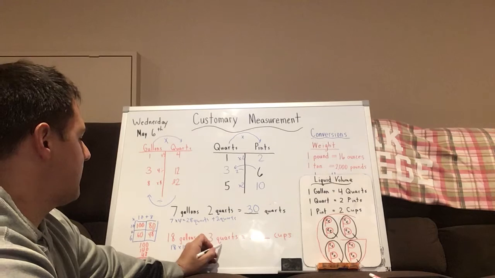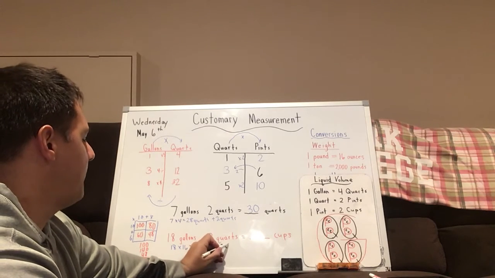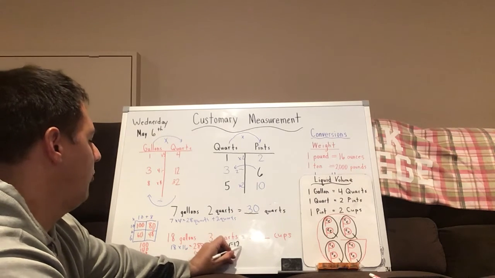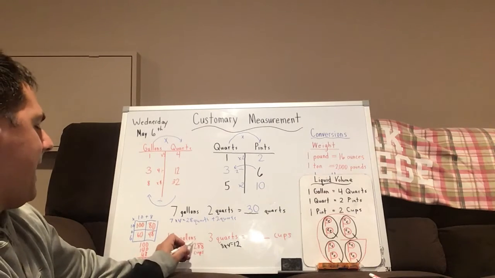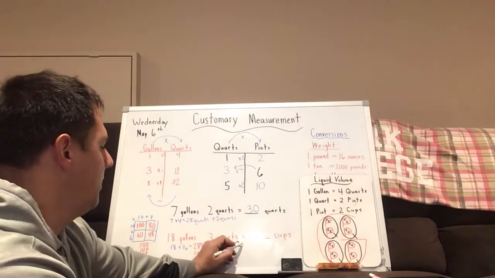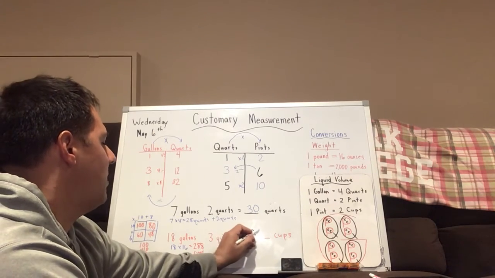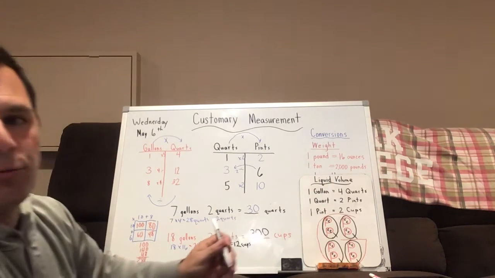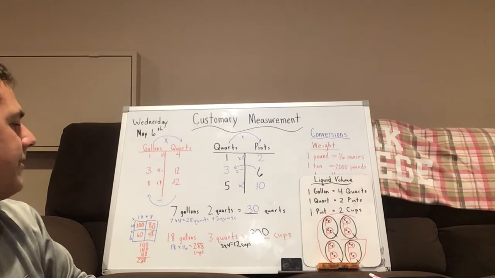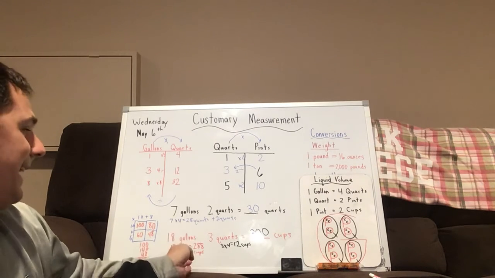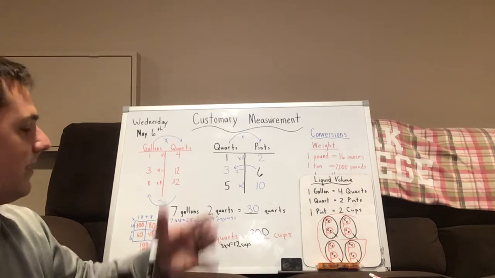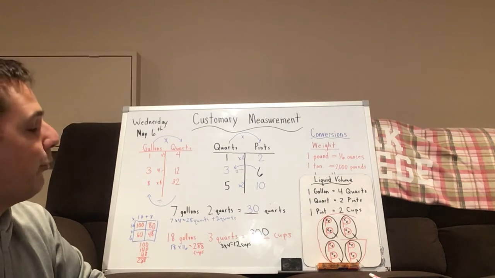So 3 quarts times 4 would be 12. And now I'm just going to add my 288 cups and my 12 cups, and I'm going to get a total of 300 cups for that problem. So 18 gallons and 3 quarts, if you add them together, is equivalent to 300 cups.